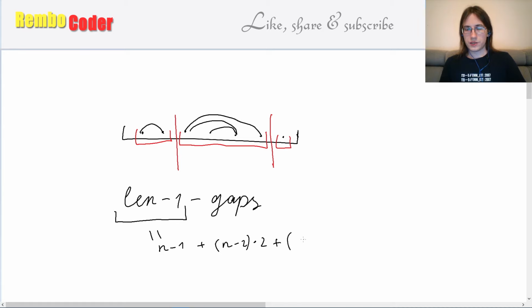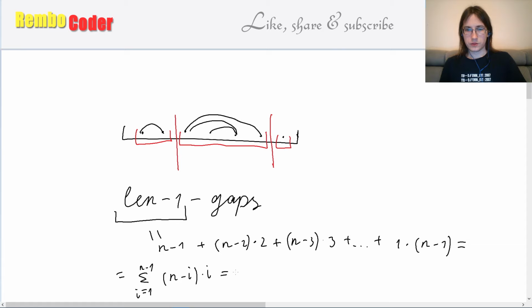And then there are three subarrays of length n minus 2, so 3 times n minus 3, and so on. In the end, we'll have 1 times n minus 1, because there are n minus 1 subarrays of length 2. Let's write it down as the sum from I = 1 to n minus 1 of (n minus I) times I.